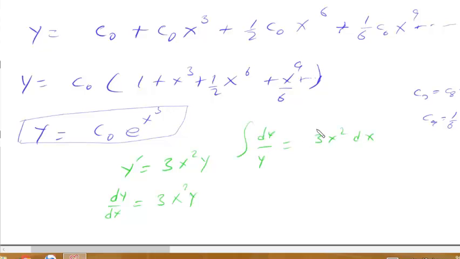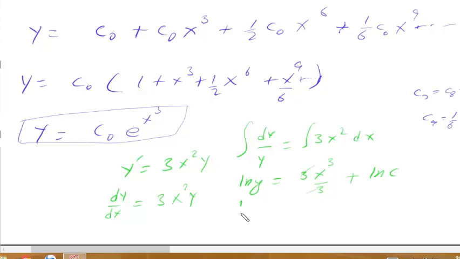We integrate both sides, then this is the natural log of y, and here we increase the power of x by 1 and divide by it, so 3 divided by 3 cancels with this, and then the integration constant, and here we take it as the natural log of c.